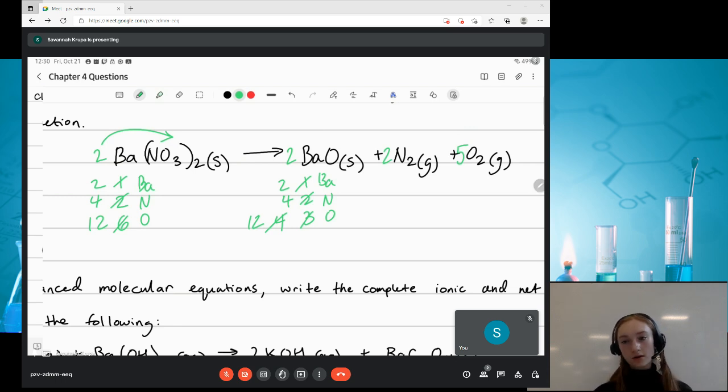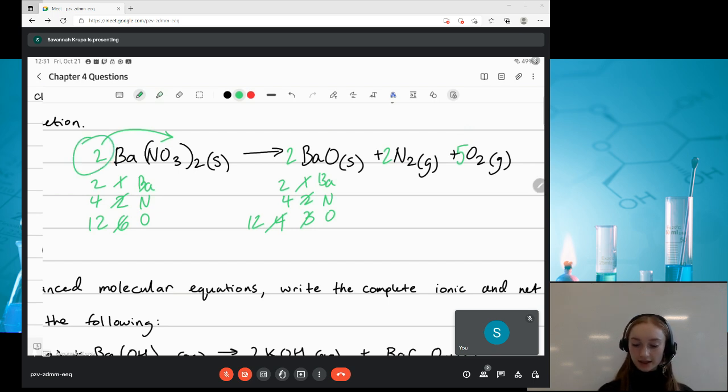It takes a little bit longer, but you just have to think about the multiples of the atoms that you're working with, because if you have a diatomic gas, you have multiples of 2 whenever you're multiplying it. So you have to be strategic on the simplest amount of coefficients that you're going to be using. And let's just say you did a larger coefficient.